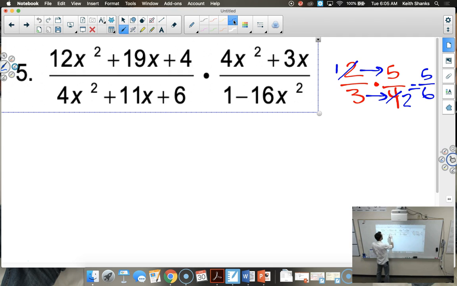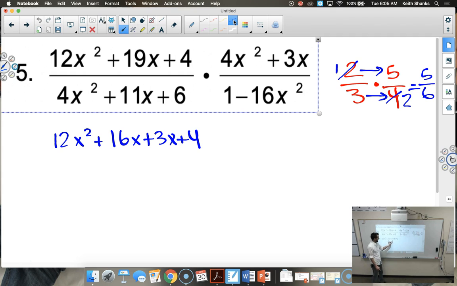So what I'm going to do as I look at this top one is rewrite this a little bit. When we factored things like this, what we wanted to do was group this middle term into 2 other things. And so what I end up with is 12x squared plus 16x plus 3x plus 4.